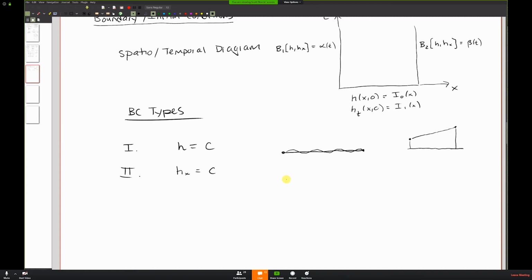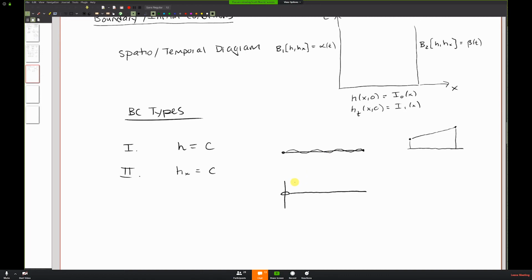And it would be, suppose you have a string that is attached to a metal pole, but instead of being welded to the pole, which would be a Dirichlet condition, imagine that it is attached to that pole by a hoop. And this hoop can move up and down the pole without any friction.